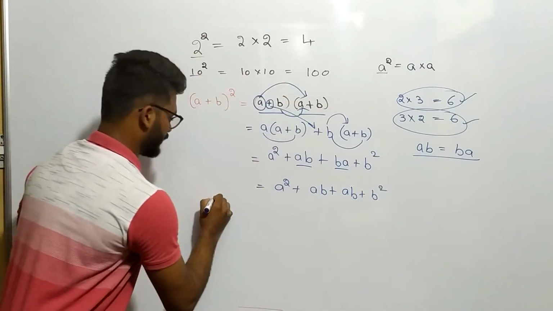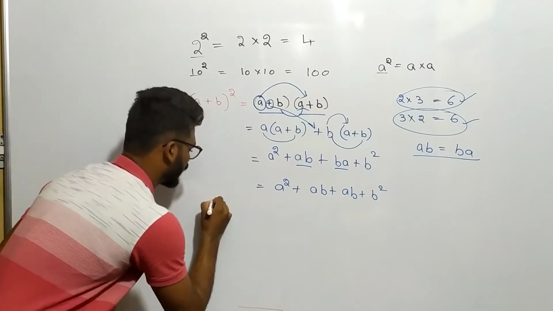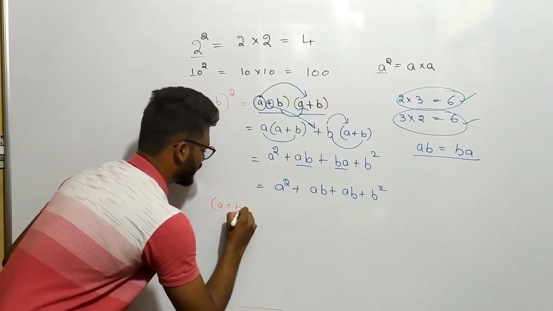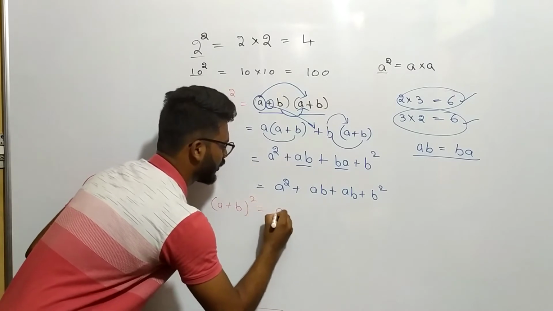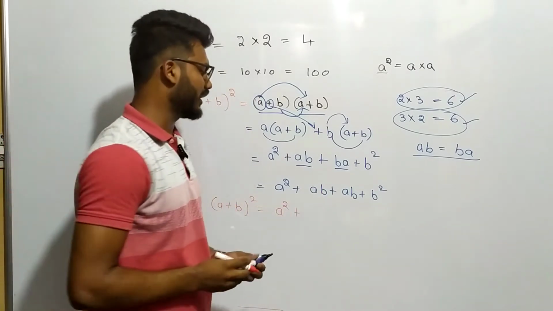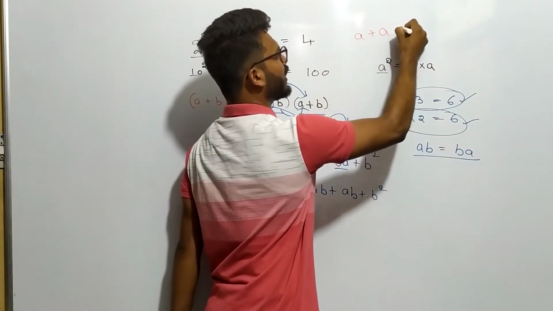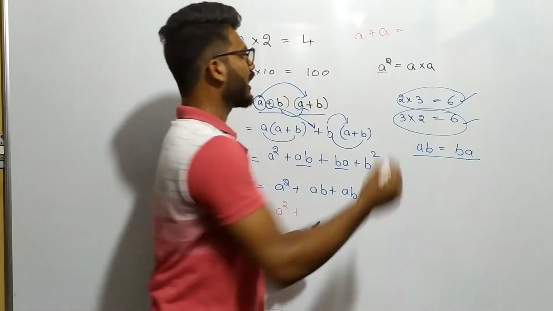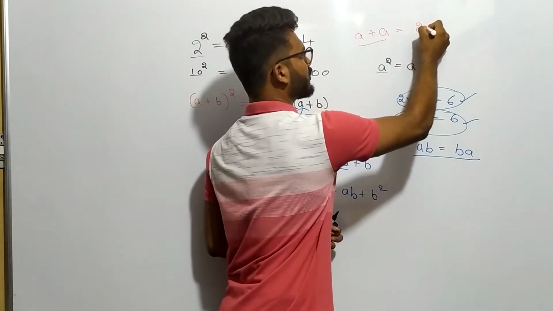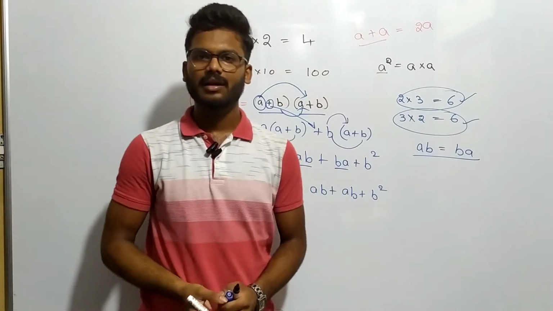Now (a + b)² is equal to a² plus ab plus ab. Whatever it may be, a plus a, how many a's are there? 2 a's, adding, so we get 2a. What is multiplication?